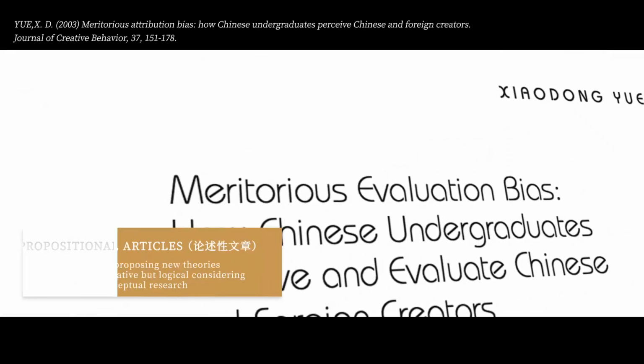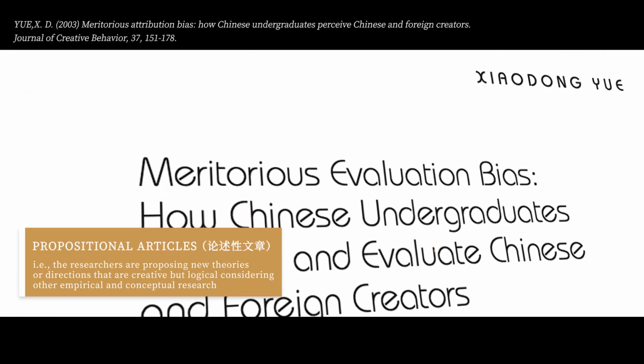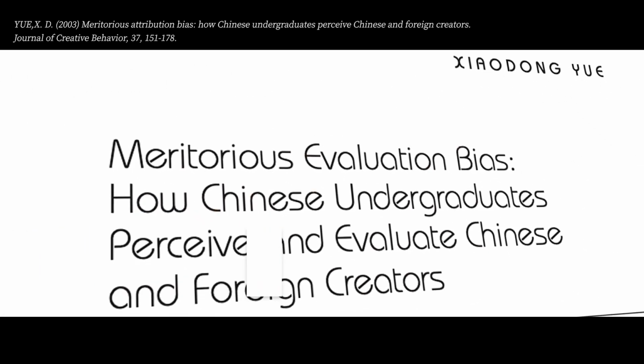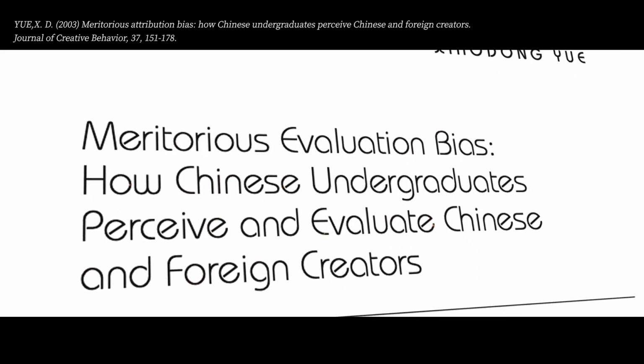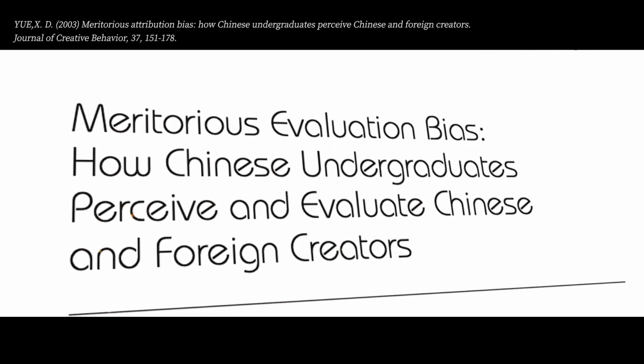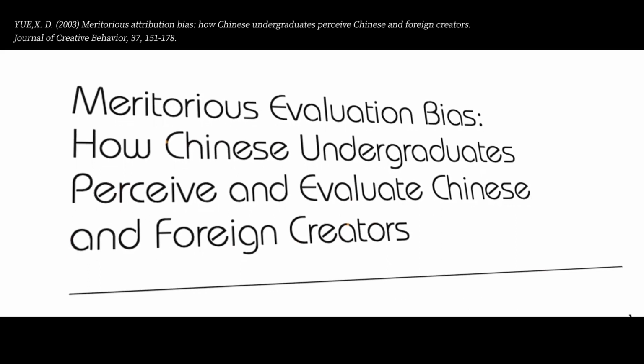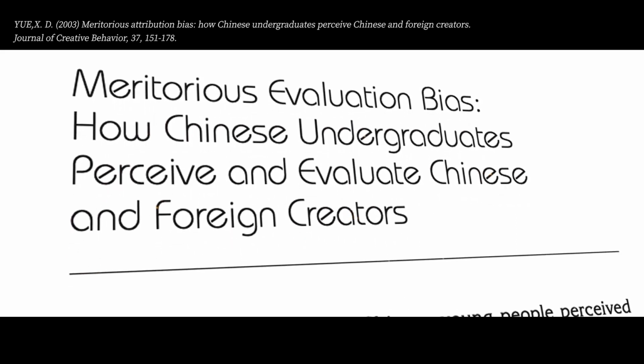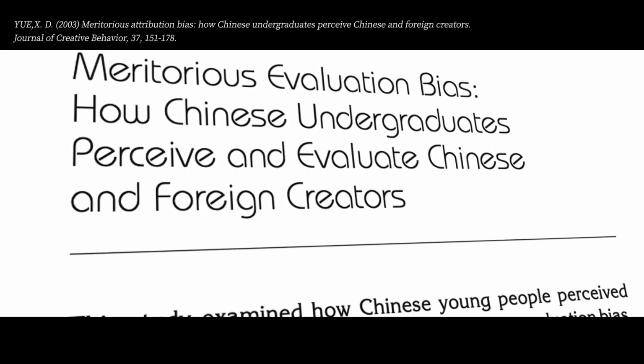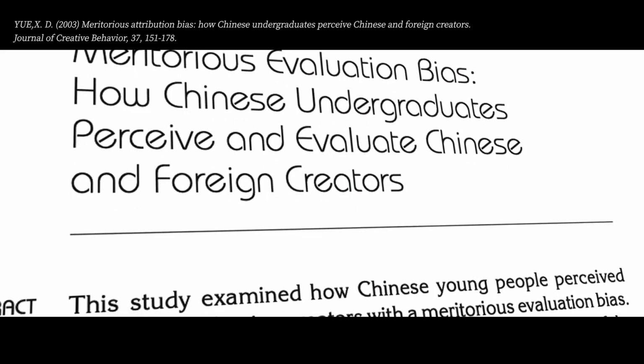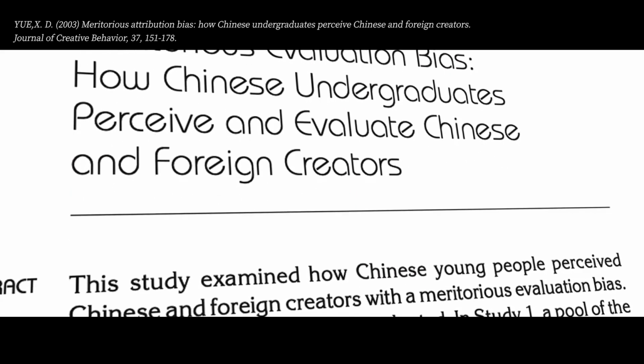The third one is a propositional article, which I published before. The title of the article is Meritorious Evaluation Bias, How Chinese Undergraduates Perceive and Evaluate Chinese and Foreign Creators.